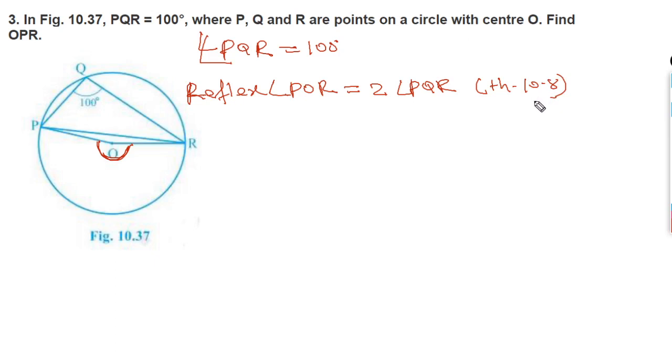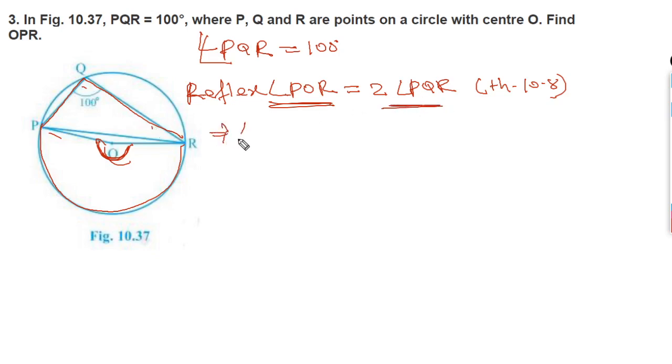What does theorem 10.8 say? Angle subtended by an arc at the center, this arc is subtending this reflex angle POR, is 2 times the angle subtended by it on any other part. That means this arc is subtending another angle, this PQR, at another part. That means reflex angle POR is equal to 2 times angle PQR.